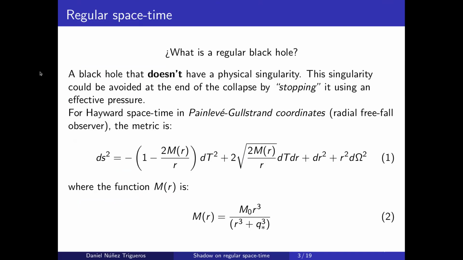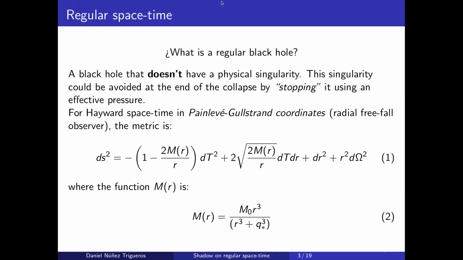So for the case of the Hayward space-time, in the Schwarzschild-like coordinate system, we see the metric like this. And maybe some of you that work with Schwarzschild or metrics in general know that this is a representation of the Schwarzschild solution, just that the mass is here a mass distribution function instead of a constant.